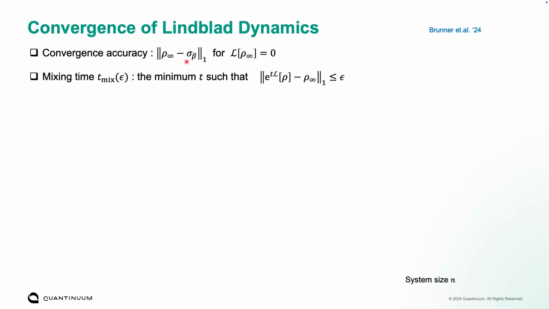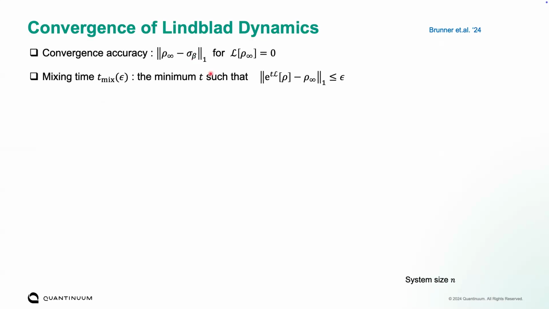We take some specific Hamiltonian, and of course you expect that this shows some property that is predicted from ETH, but still there's some error. So this rho infinity is not necessarily the same as the Gibbs state for a specific instance of the Hamiltonian.